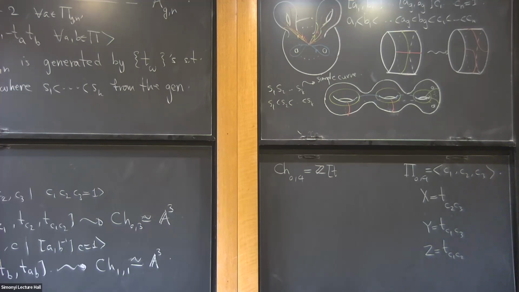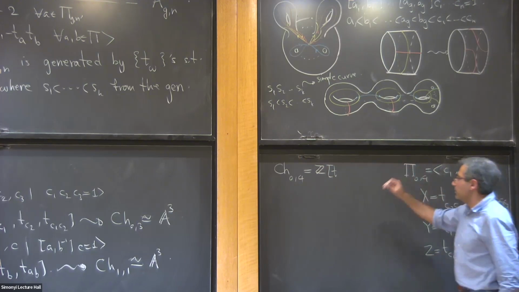And I have 4 other variables, T sub C1, T sub C2, T sub C3, and T sub the product of them. And remember, because the product is the same as C4 inverse, this thing is the same as these ones. After all, the inverse of a 2 by 2 matrix has the same trace as itself when it is in SL2.